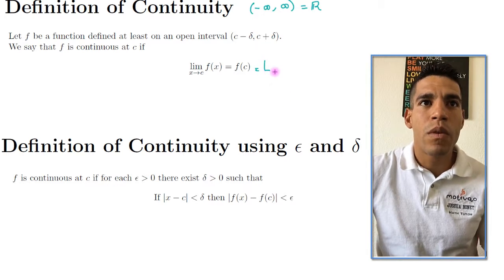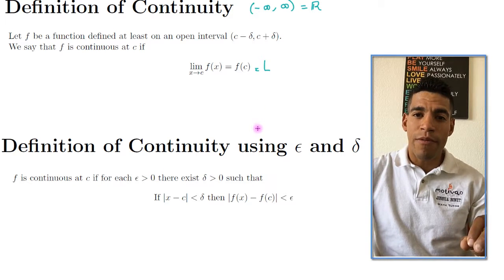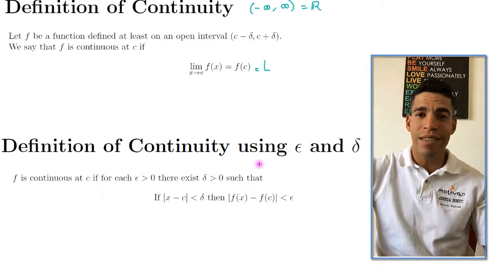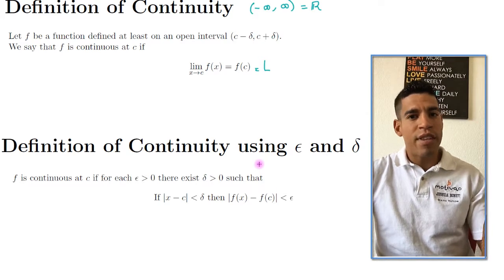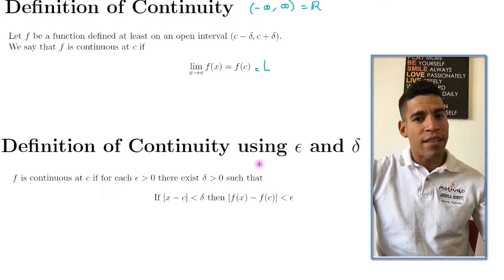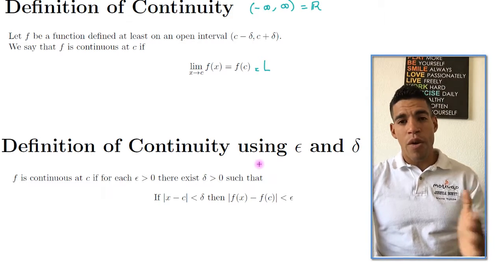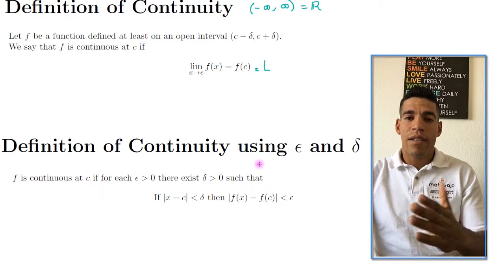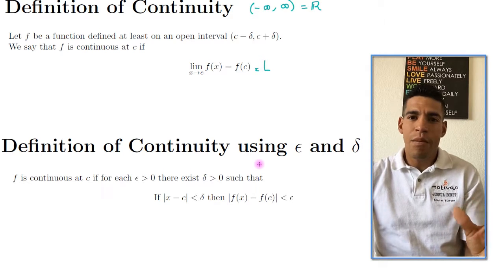Okay? So the value of the limit is equal to the function evaluated at c. That's the main difference between being continuous at c and the limit existing. In the previous videos, I constantly said that the value at c doesn't have to be equal to the limit.